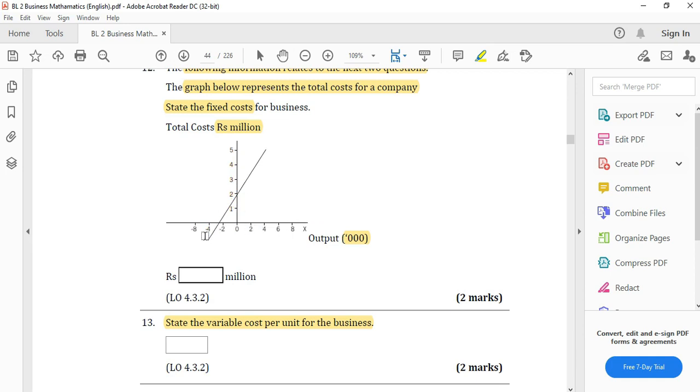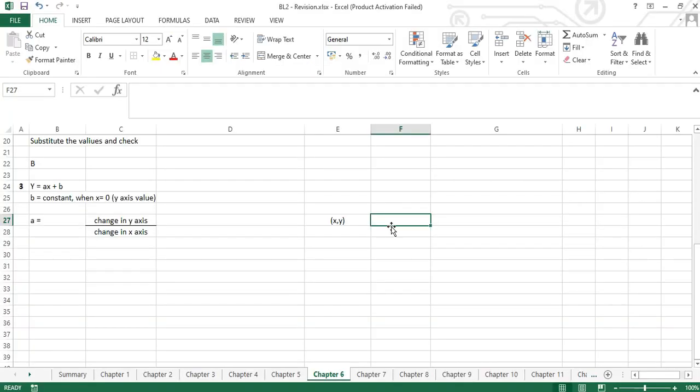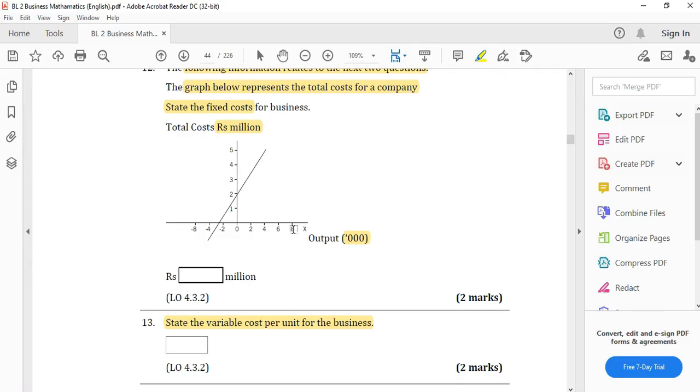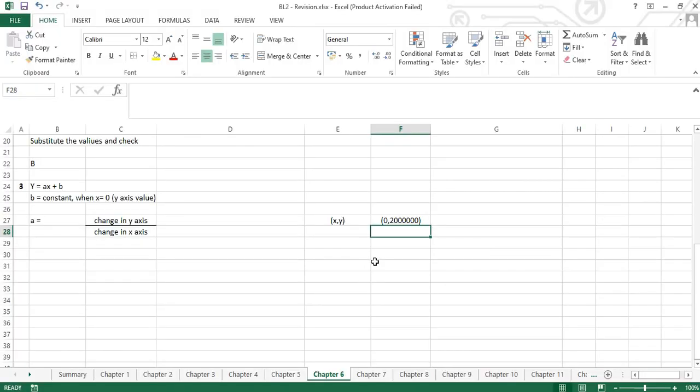I should choose a point on the line to find my variable cost. So I'm going to choose 0 and 2 million first. When x equals 0, y equals 2 million, 6 zeros. And when y equals 0, x is minus 3000.